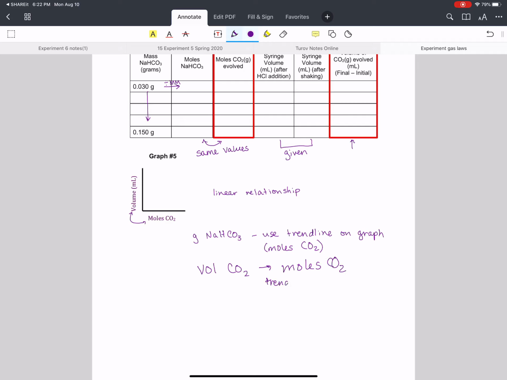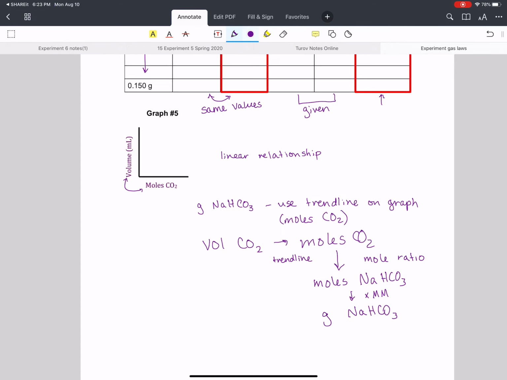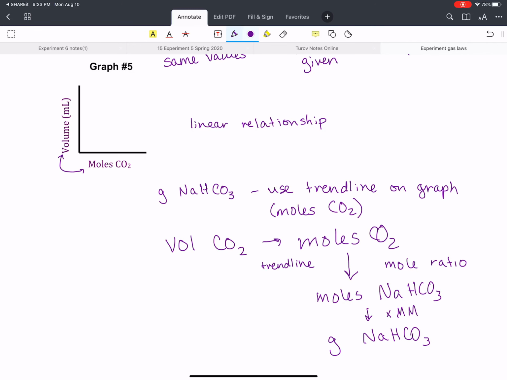This is where we use the trend line. And then if you want to go from moles CO2 to moles of sodium bicarbonate, you would use the mole ratio, which is 1:1, so those are equal. And then if you want to get to grams of sodium bicarbonate, this is where you would multiply by the molar mass. So you will see 5 graphs when you're finished with this experiment.